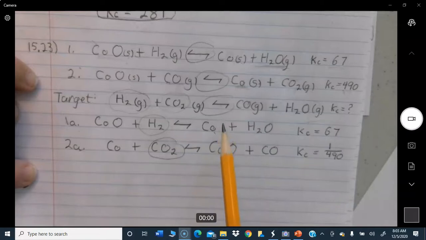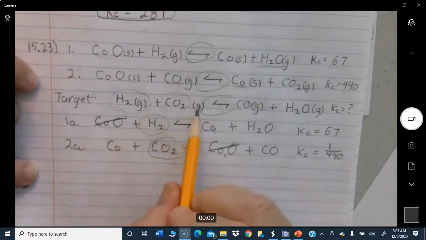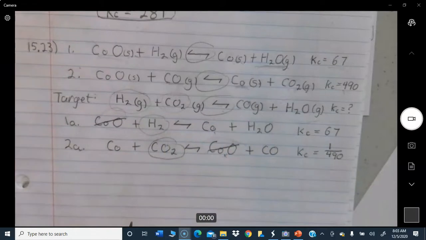Excuse me, let me go to my target. I'm sorry, cobalt oxide does not appear at all. Down here it appears on the right, and it appears on the left of 1A and on the right of 2A. That means it's going to cancel, and it needs to because it does not appear in the target equation.